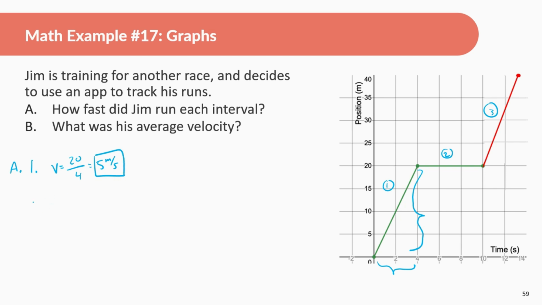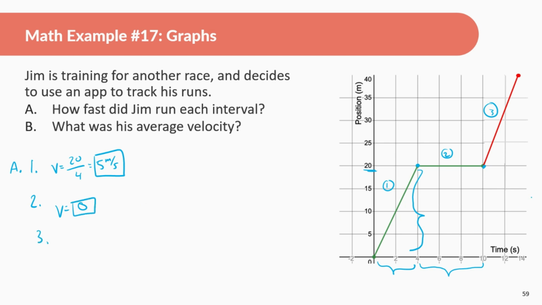Number 2, velocity, we can see the rise is actually not going anywhere. It starts at 20 and it ends at 20. There's a run, it goes from 4 seconds to 10 seconds, however there's no rise, it's not changing position, so this is just going to be 0.